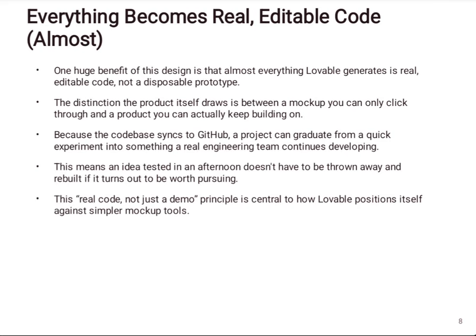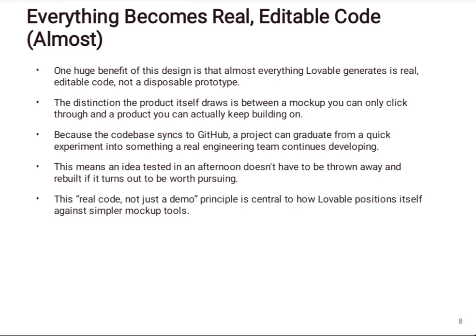Everything becomes real, editable code. One huge benefit of this design is that almost everything Lovable generates is real, editable code, not a disposable prototype. The distinction the product itself draws is between a mockup you can only click through and a product you can actually keep building on.